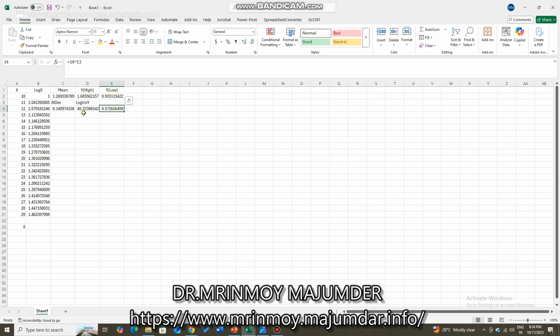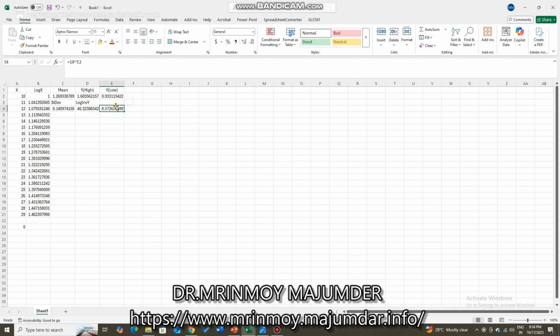Okay, so 10 to the power D2 is the high outlier value, 10 to the power E2 is the low outlier value. Now as I have discussed earlier, you have to find whether this outlier value 40.32 is available in your data set or not. Now if I observe this data set, no value is near to 40. So no value is more than 40. If there is any value more than 40, I have to delete that. But as the maximum value is 29, no need to delete anything.